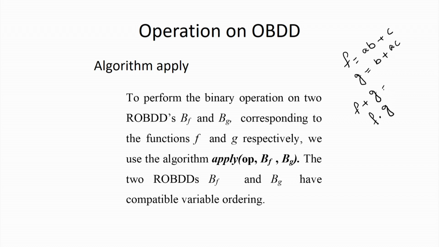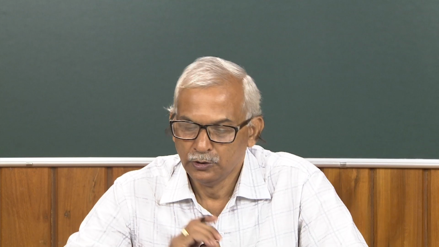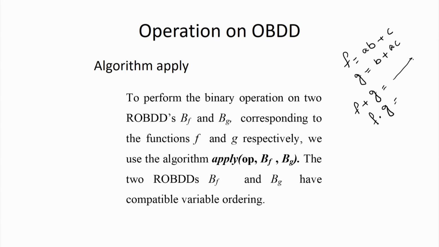These are the Boolean operators that we have. We know that the function ab plus c can be represented with the help of a BDD. I say the BDD representation for function f is Bf. Similarly, the BDD representation of the function g is Bg.